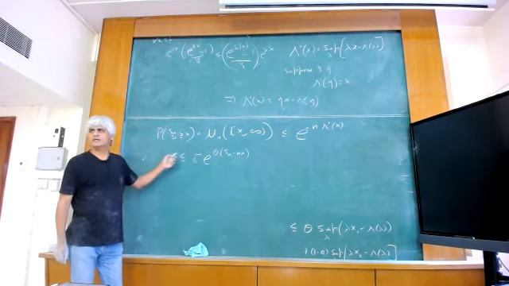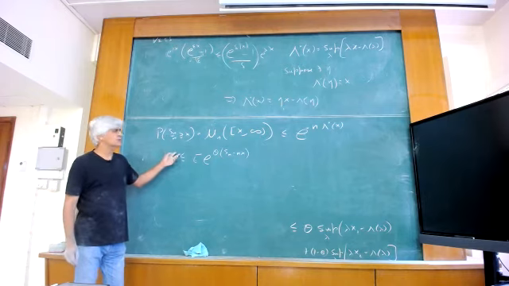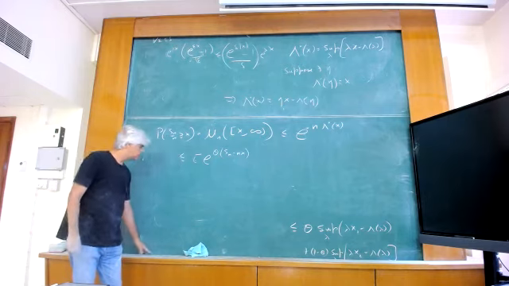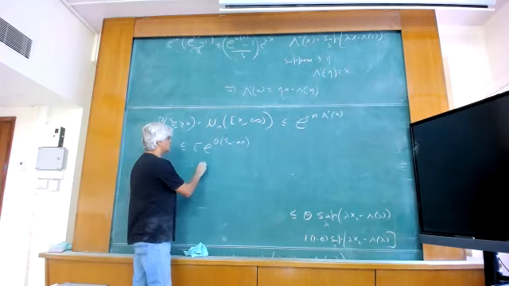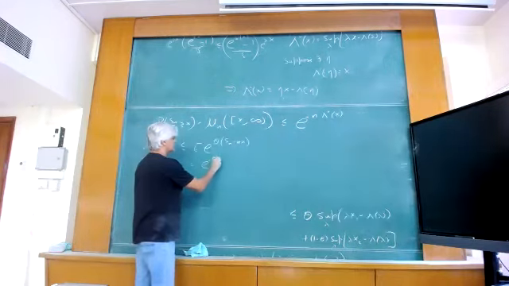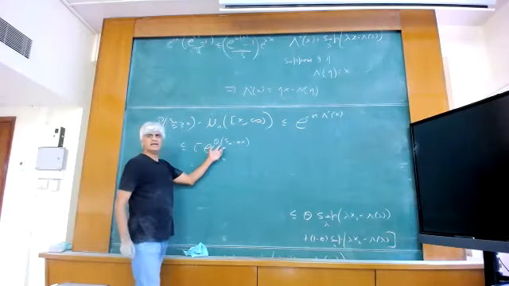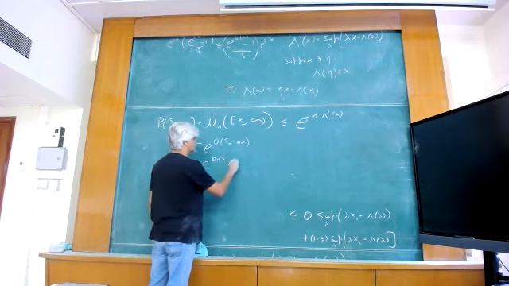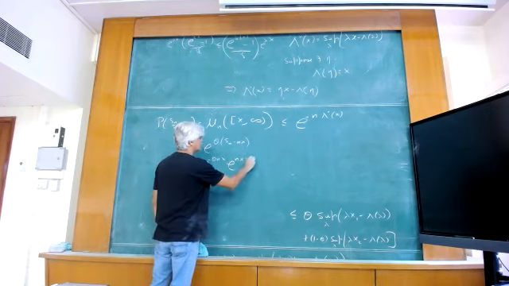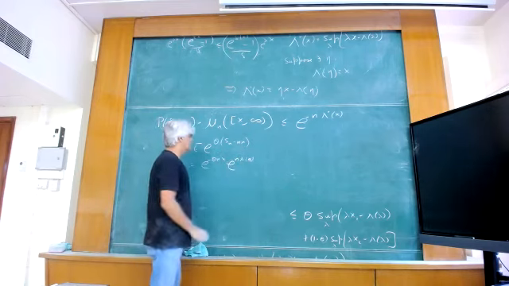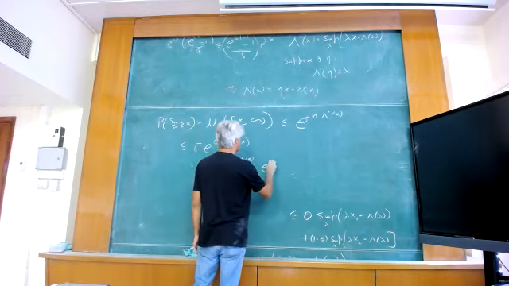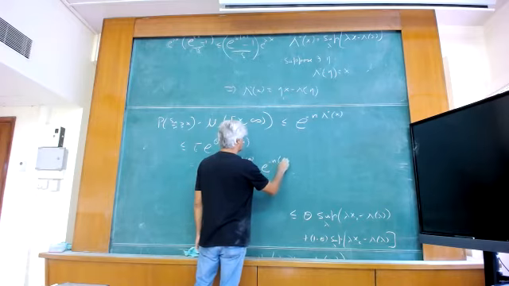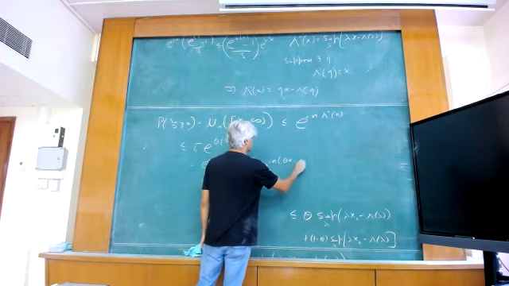You agree, right? S_n by n is greater than or equal to x. Now this is bounded by e^(−θ n x) times E[e^(θ S_n)]. This is IID, right? So you get e^(n Λ(θ)), which gives e^(−n (θ x − Λ(θ))).